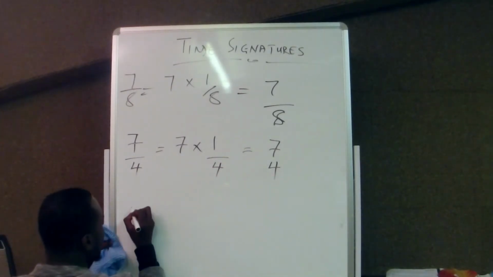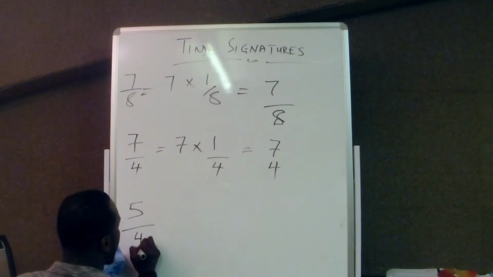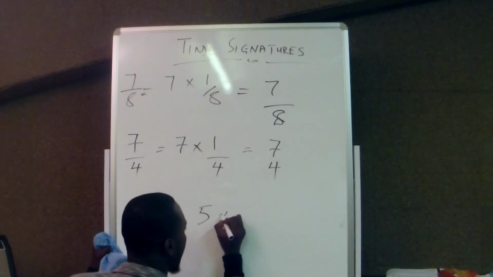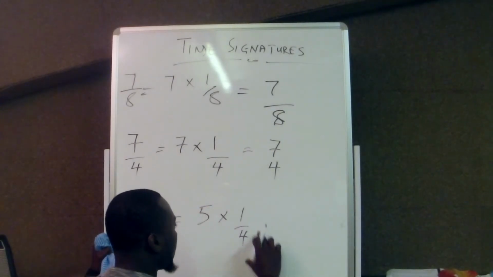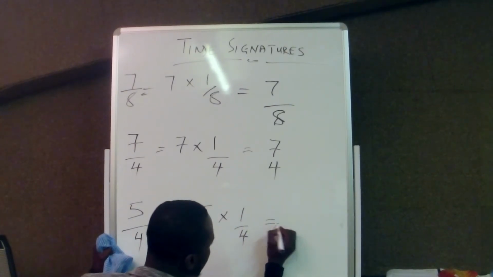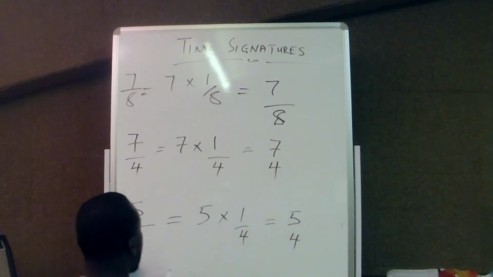Someone comes to you and says 5/4. That means you have 5 times 1/4 notes. 5 lots of quarter notes in every bar. That's how you get 5/4.